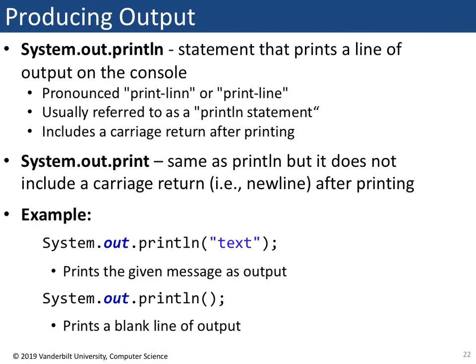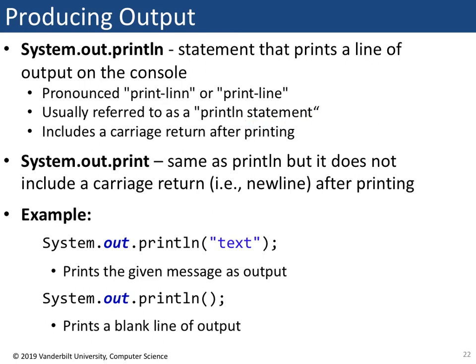So as we said, system.out.println, it's a statement that prints a line of output on the console. Typically, you'll hear it called different things: println, printline. I like printline. And it is a statement, so it's referred to as a printline statement. So statement is not a flippant term here.